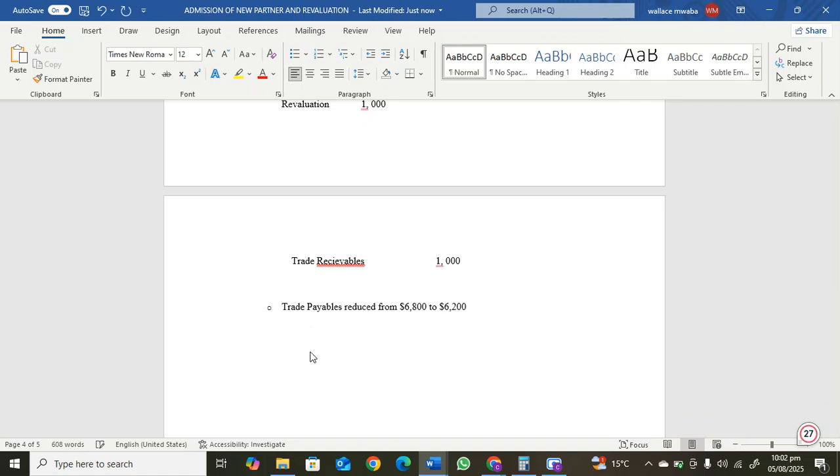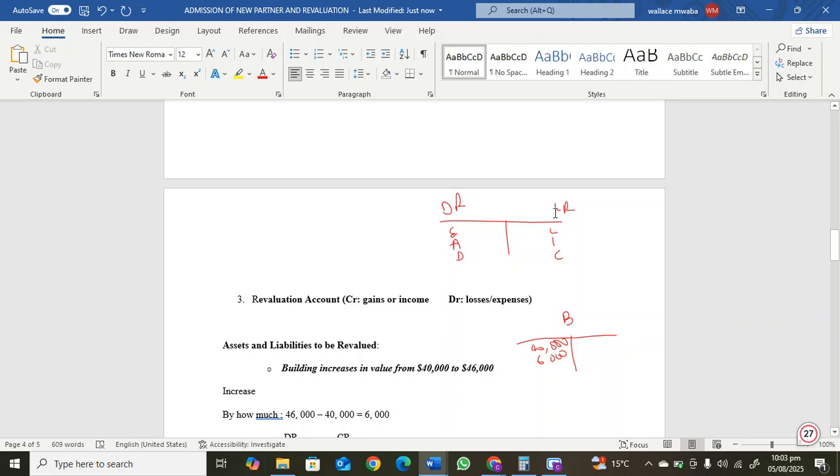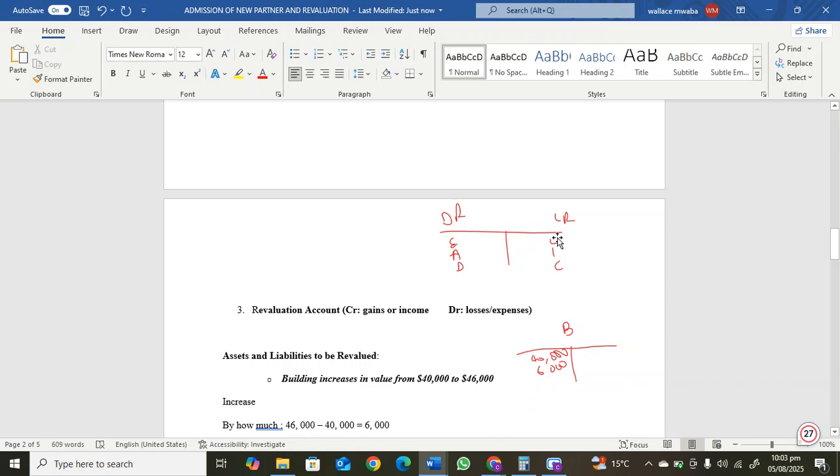Okay. Trade payables reduced from 6,800 to 6,200. So here we have a reduction in a liability. Colleagues, whenever there's a reduction in a liability, what do we do? Do we debit or do we credit? Here are the double entry rules. Liabilities here and here. So if there's a reduction in a liability, do we debit or credit?